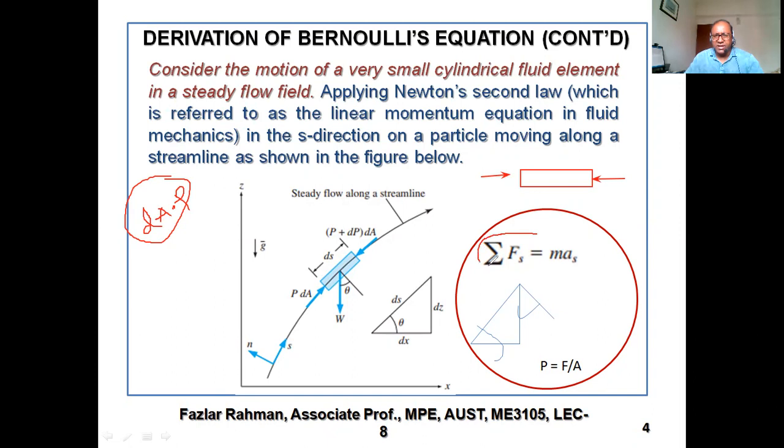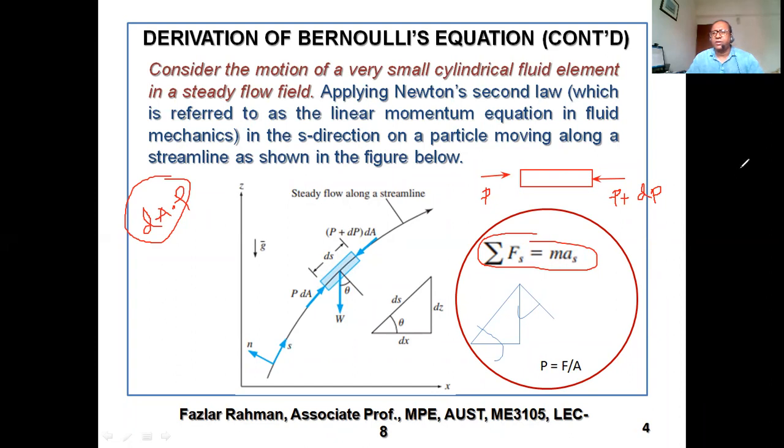Because we'll apply Newton's second law, we have to figure out the summation of forces. Similarly, on the right side, we know the fluid is moving to our right, so the right side pressure has to be less than P, right? So you can say the pressure is P minus dP. But to make it easier to derive the formula, we will assume this side has the higher pressure, P plus dP.